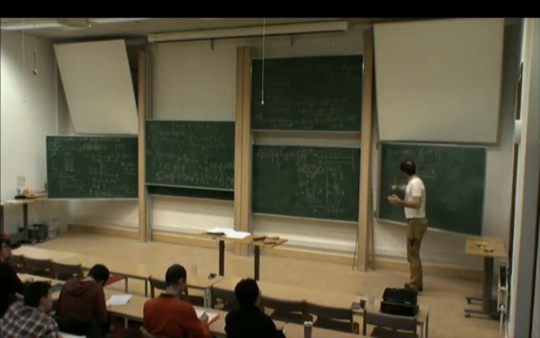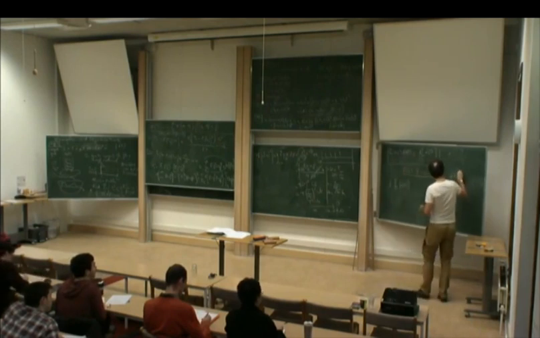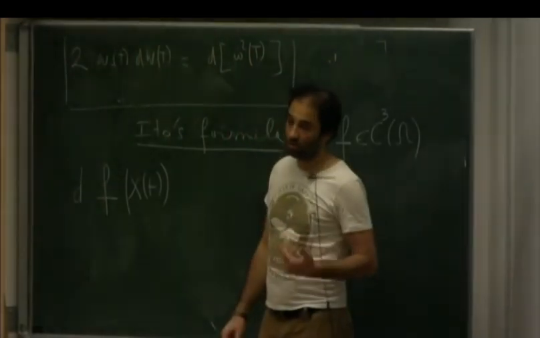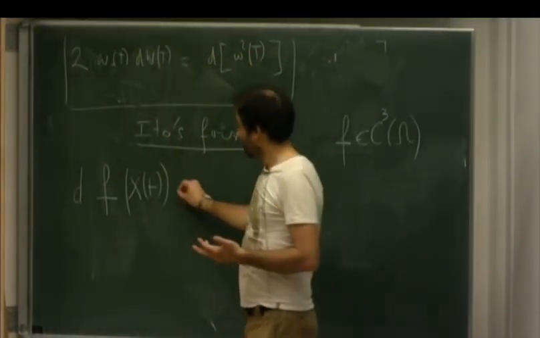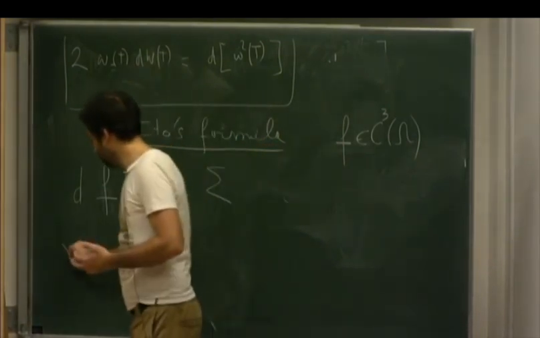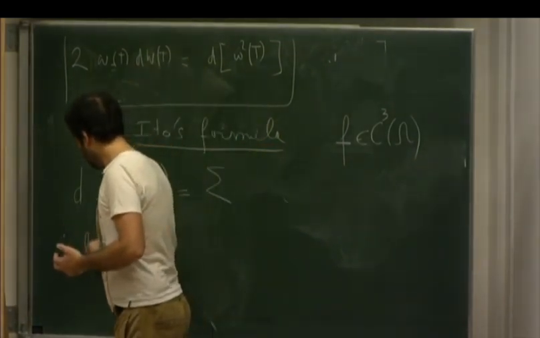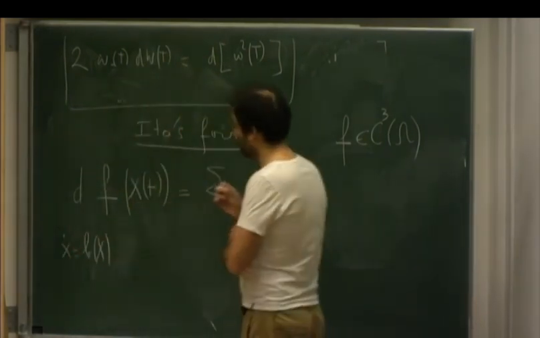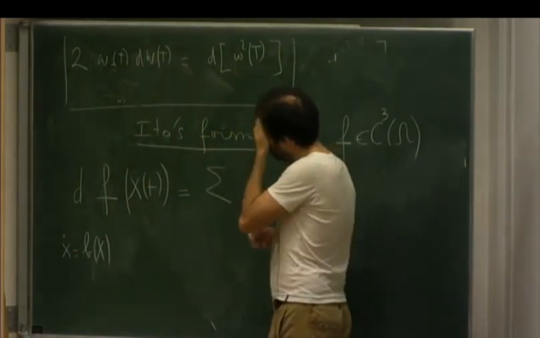So now what is d of f of x for a general function f? Let's suppose f is sufficiently differentiable, at least 3 times, maybe less, in a domain. Can we calculate this quantity and what does it give? So if you have a regular function, what you get is dx. If you have a dynamical system, x dot equals b of x, you have to differentiate along your field.